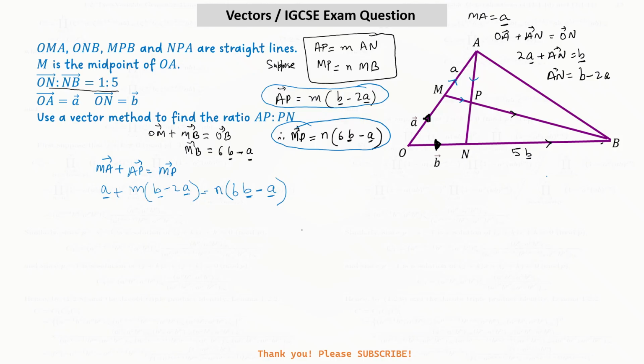So what we need to do now is to equate the parts with A and the parts with B. So we will collect the A's and the B's together on the left side and on the right side of the equal sign.